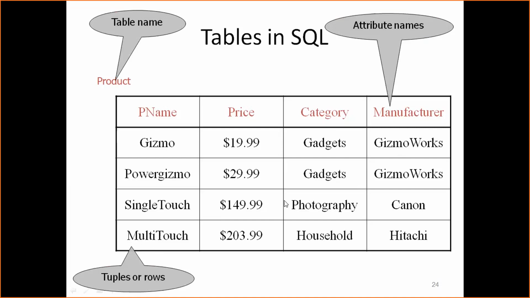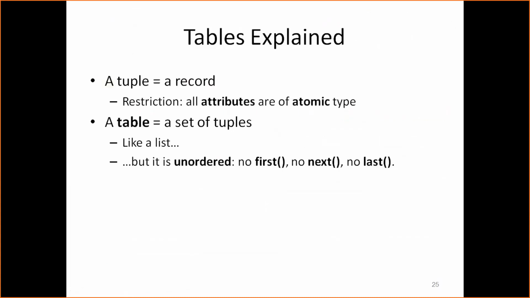Okay, so this is the terminology. Table, attributes for columns, and every row is called a tuple, and every row represents one product. So a tuple means one record, one row. And we are saying all the attributes are of atomic type. In other words, the value you put inside that cell, you cannot subdivide further.